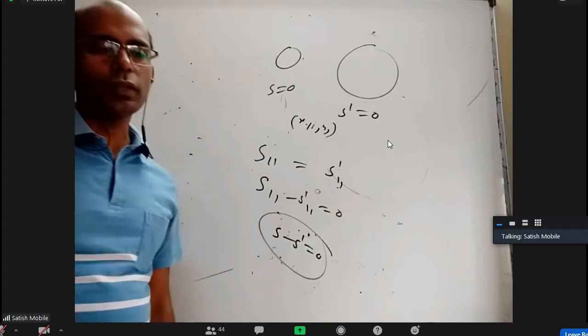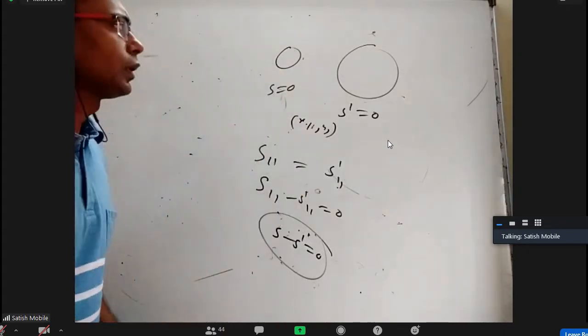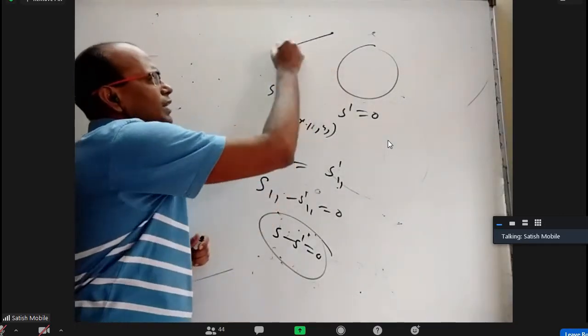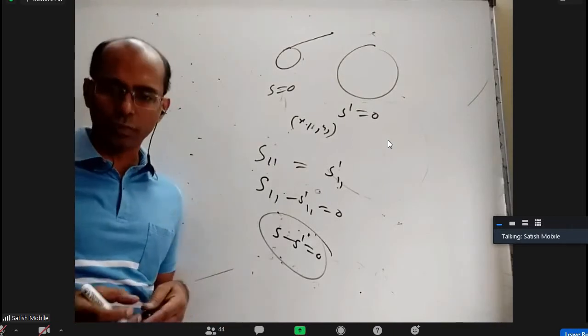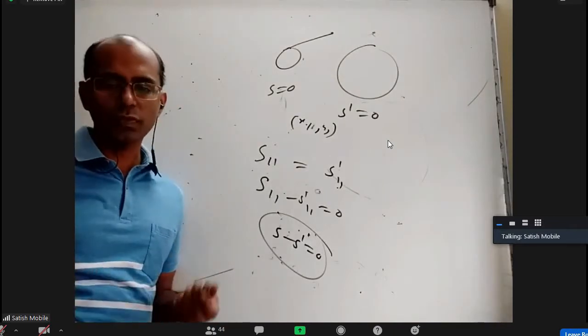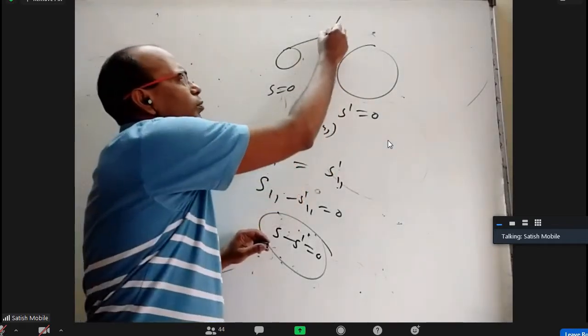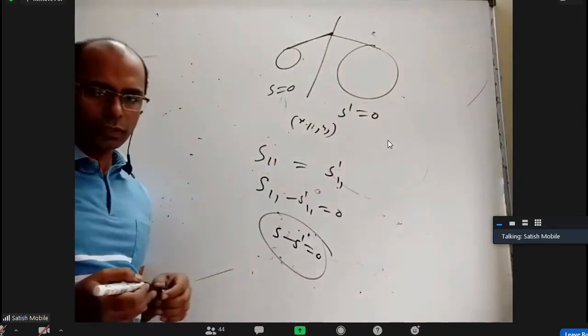If I take any point on that line, the power with respect to the first circle and second circle are equal. What do you mean by power? If a point is outside, power is nothing but length of tangent whole square, because the length of tangent formula is root S11 and the power is S11. So if there is a radical axis and I take a point on that, the power is equal, meaning this length of tangent and this length of tangent are equal.